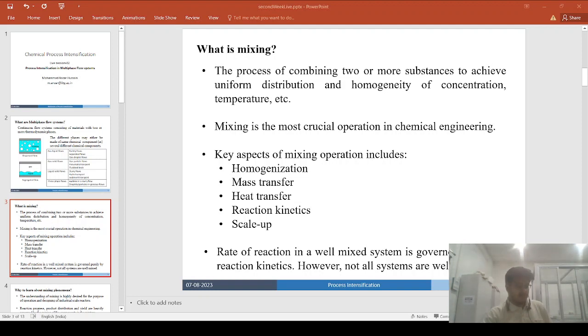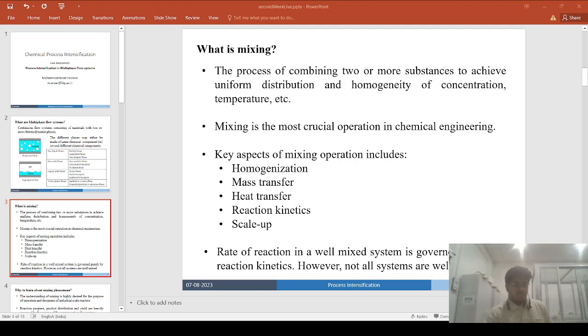How well can you perform mixing? You pick any equipment, any process unit operation. The idea is, how can you intensify the mixing if the reaction is happening in them?